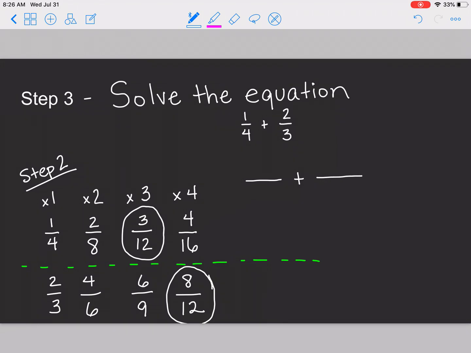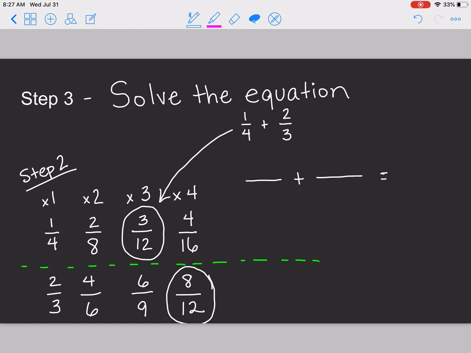Now, what's going to happen is I'm going to look at my first fraction, the 1/4. And I'm going to say, well, what was the equivalent fraction for 1/4 that had 12 as my denominator? Well, I see that it is that 3/12.